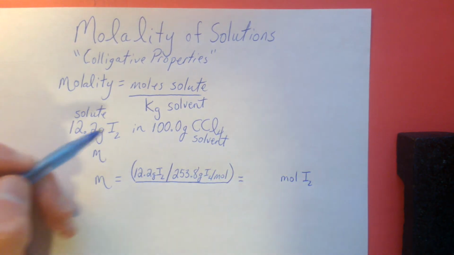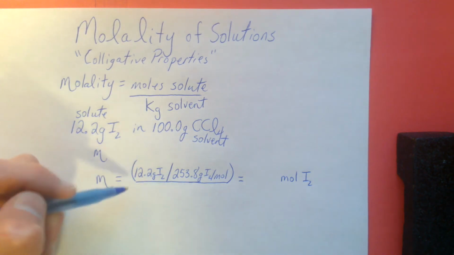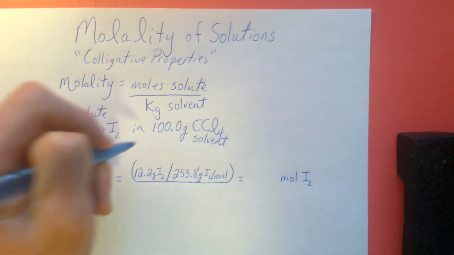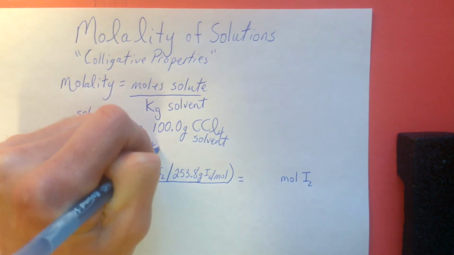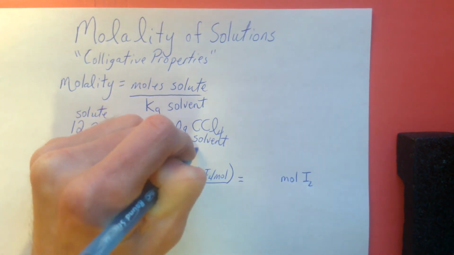And then we have 100 grams of carbon tetrachloride, our solvent. We need to change that to kilograms. We remember from earlier in chemistry that 1 kilogram is equal to 1,000 grams.